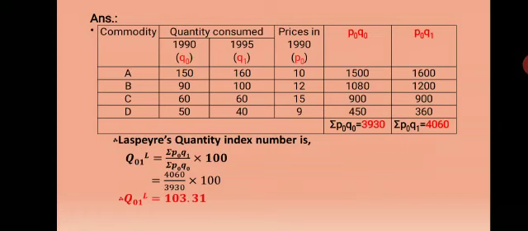After simplification of this, we get the Laspeyres quantity index number as 103.31.